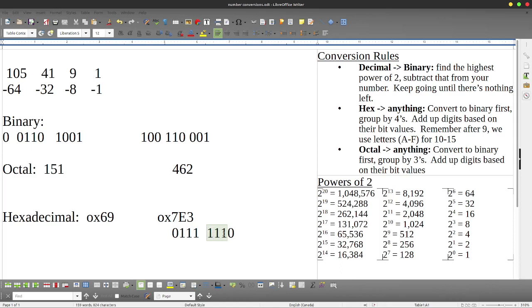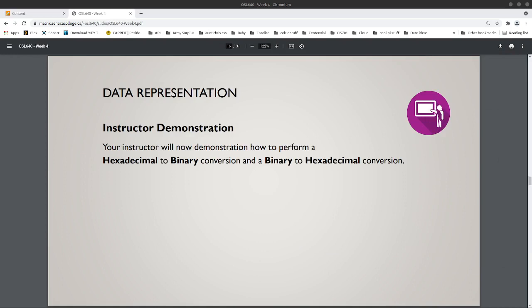There we go. That's better. 1, 1, 1, 0. And then 3, of course, is 0, 0, 1, 1. So 7E3 becomes this when we concatenate the number together: 0, 1, 1, 1, 1, 1, 1, 0, 0, 0, 1, 1. Not too horrible.